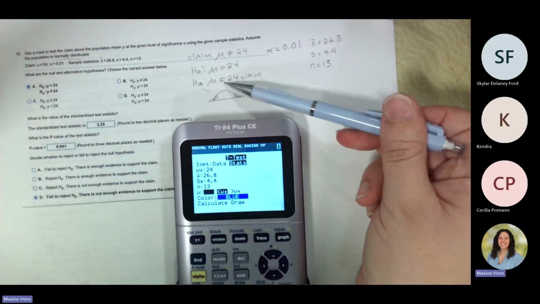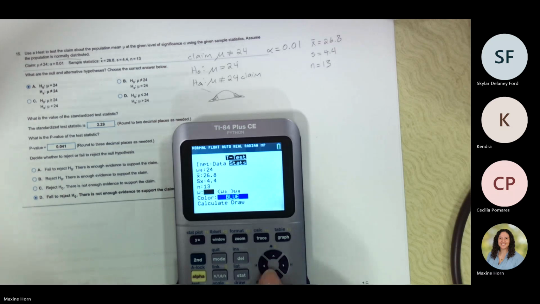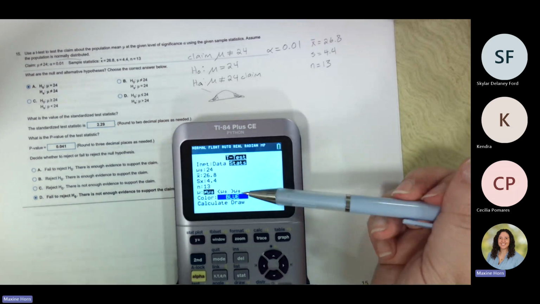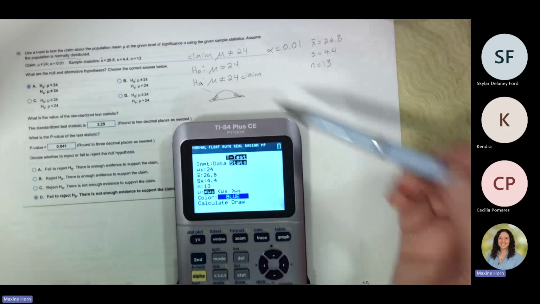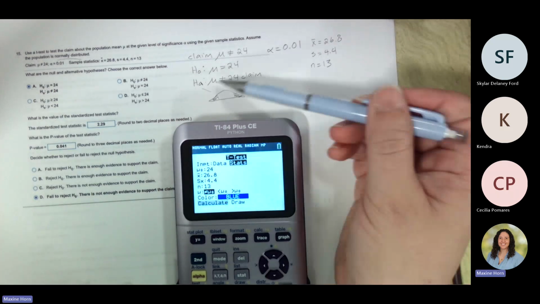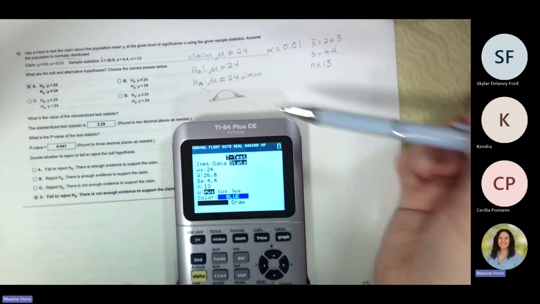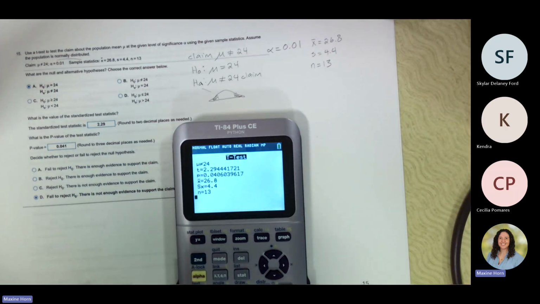This is a two-tailed test. We have not equal to. So remember, this is always your alternative hypothesis. And if you forget that, that's okay, because this is only going to display the things that you'll have written in your alternative hypothesis. And then calculate.